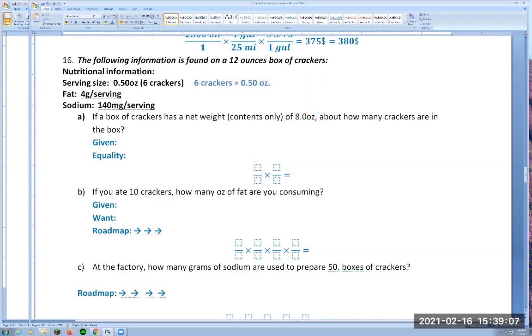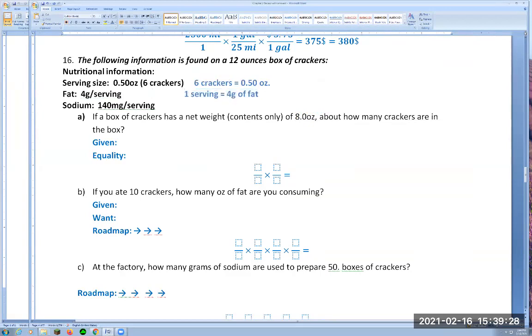Same with fat. You know that it's 5 grams of fat per serving. So rewrite it as an equality. So 1 serving is equal to 5 grams of fat. If you see it like this, you see that it can be used as a conversion factor.